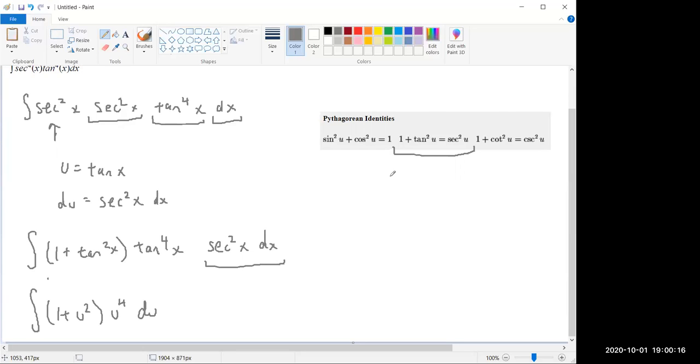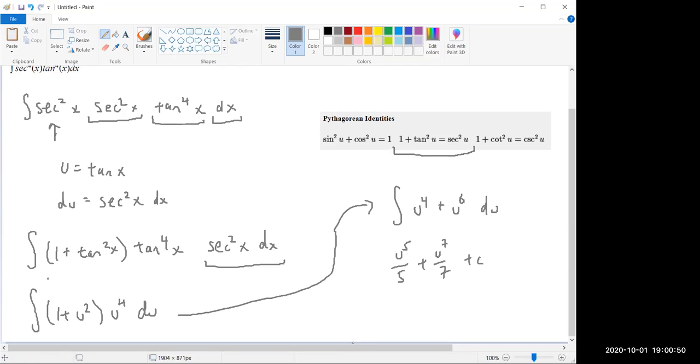Okay. Now we can just distribute and then integrate. So let me do that over here. u to the 4th plus u to the 6th du. All right, we can integrate now. So this is u to the 5th over 5 plus u to the 7 over 7 plus c.